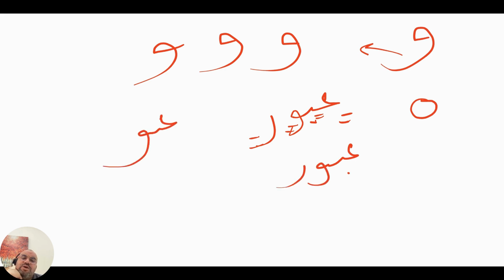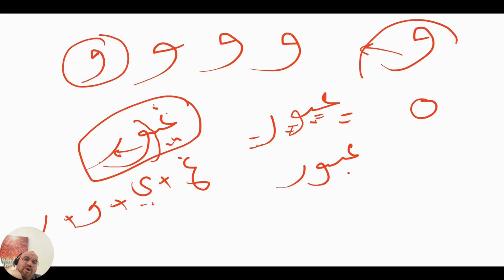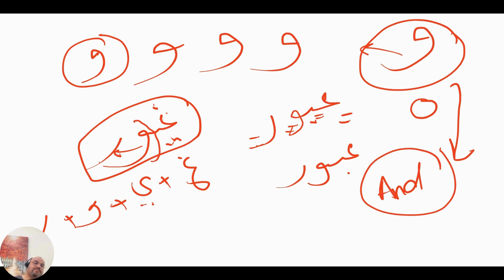Or غيور, the jealous. This is غين plus ya plus wa plus r. You can see this is all one word, but wa cannot connect to the r. Wa cannot connect to the letters after it. Now wa alone, if it comes between two words, means and, as we discussed before.